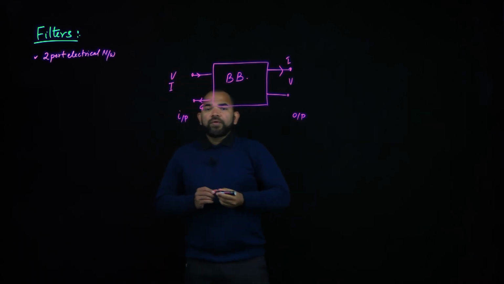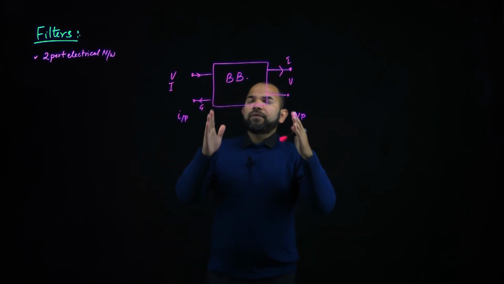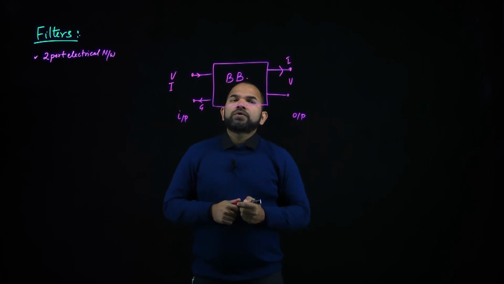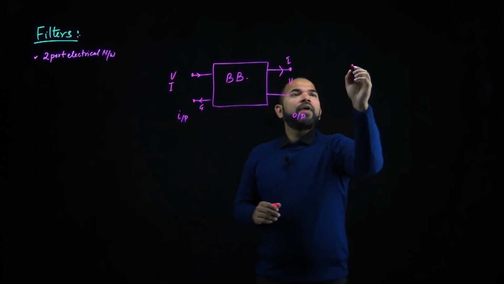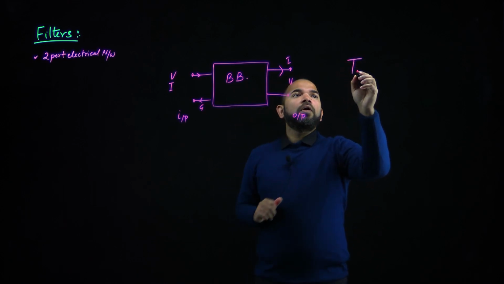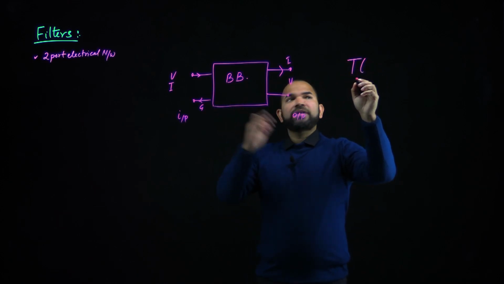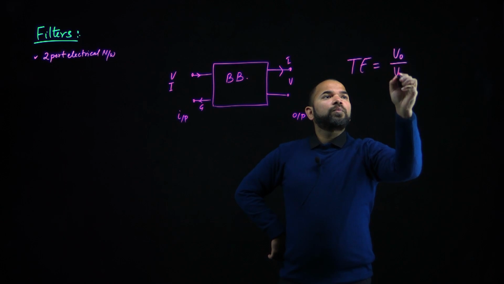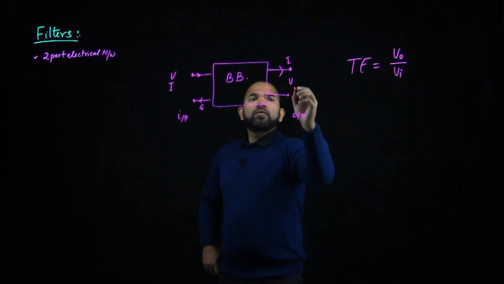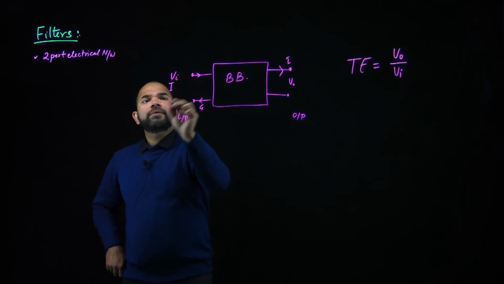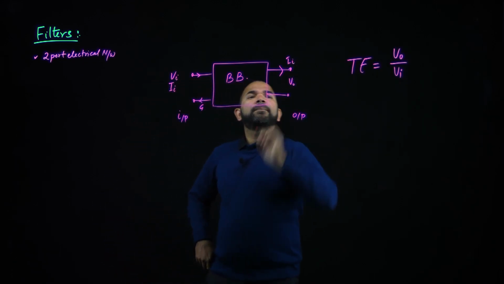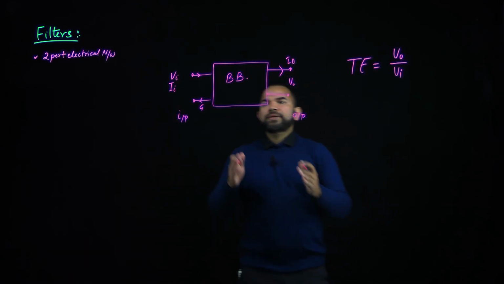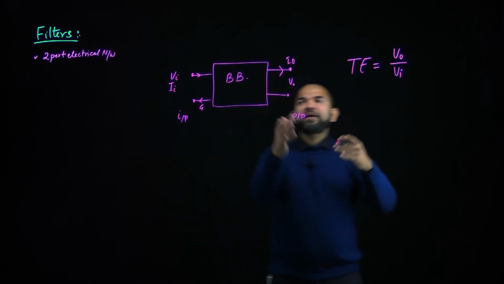We have seen in our circuit analysis that if we want to define this black box in terms of these quantities, we can define various transfer characteristics of this device, which is called the transfer function. It could be the voltage at the output divided by the voltage at the input. The transfer function is basically relating the input to the output.